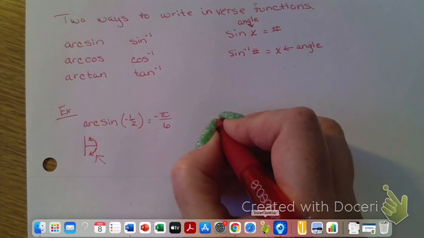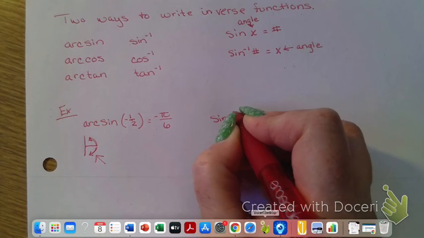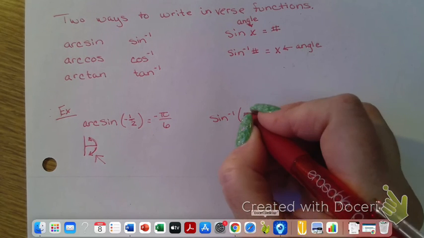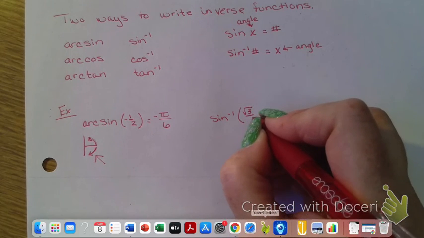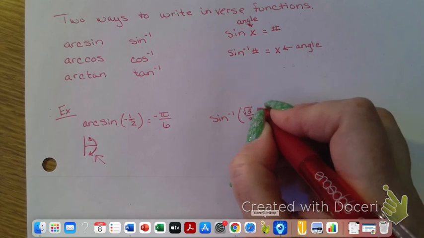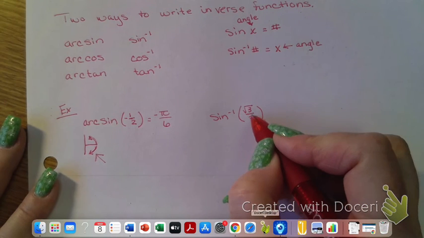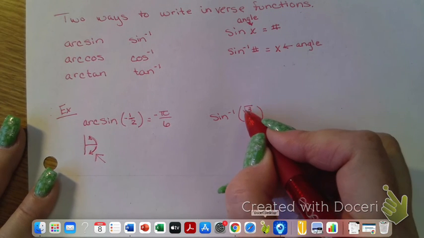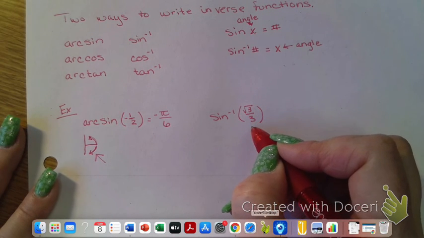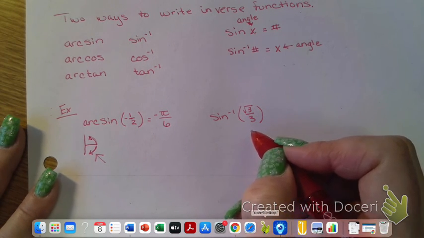Okay, the inverse sine, one last one before we go for today, of square root of 3 over 3. Well, the reason why it's square root of 3 over 3 is because the square root of 3 was in the denominator, correct? And it got reciprocated.